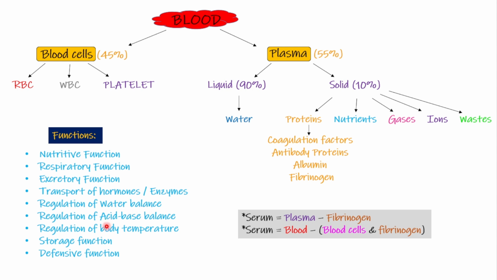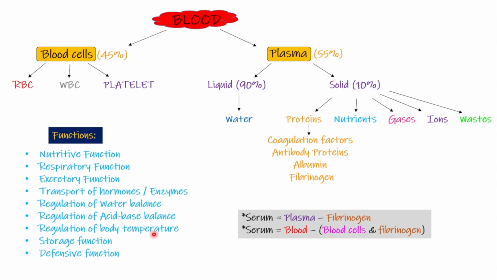Then regulation of acid-base balance in the body. Blood has buffers in the form of proteins, and especially red blood cells have hemoglobin, which is a protein. These proteins in the blood act as acid-base buffers. That's how the blood plays its part in regulation of acid-base balance.